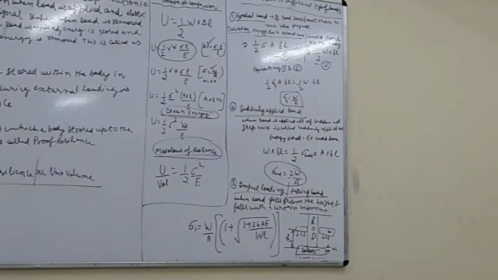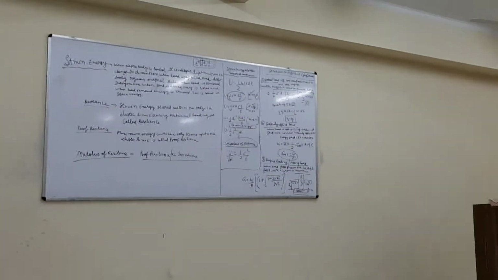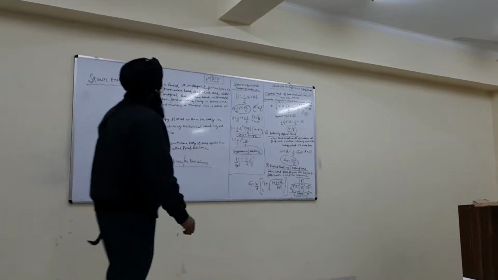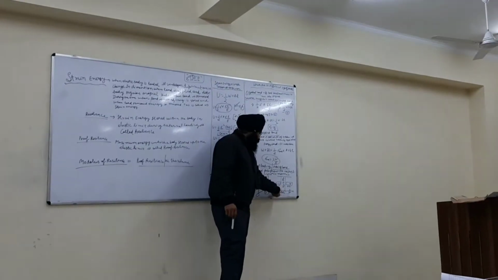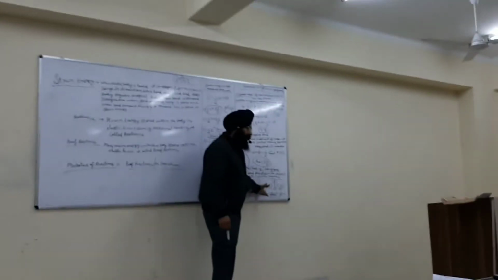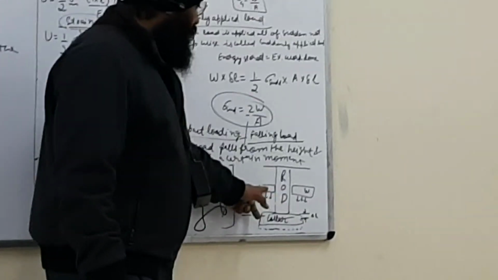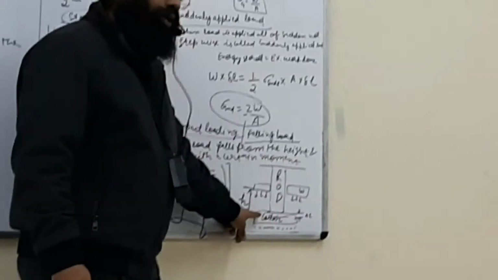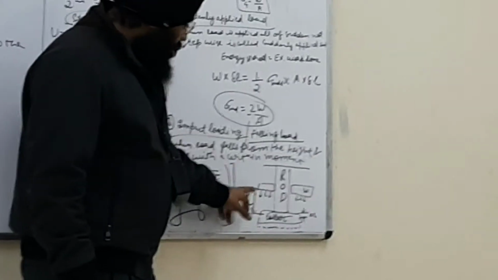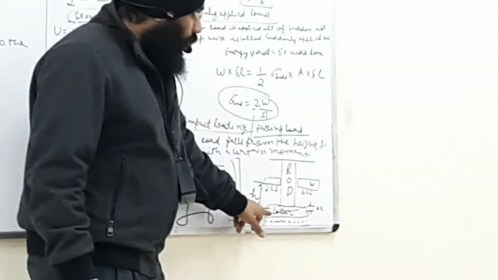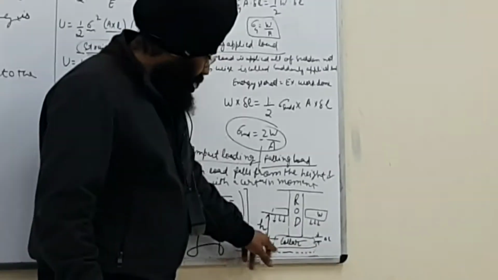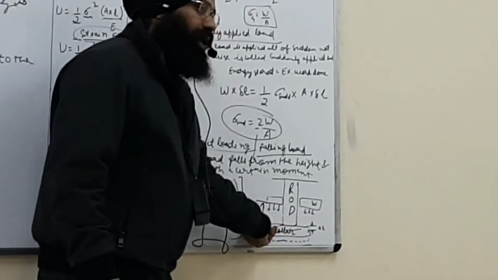Third is the case of the impact loading. I am skipping the derivation part of this. In this, this is your rod, this is your collar, and this is the height h from which the load is going to fall. We have applied a W load onto the collar. When this load falls onto the collar, it will move a bit downward.